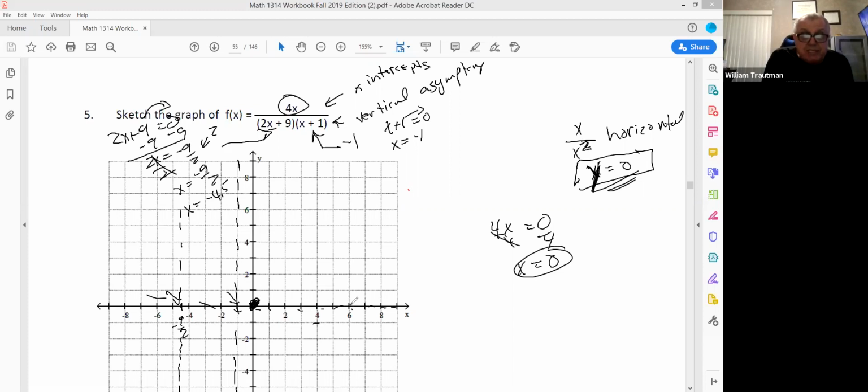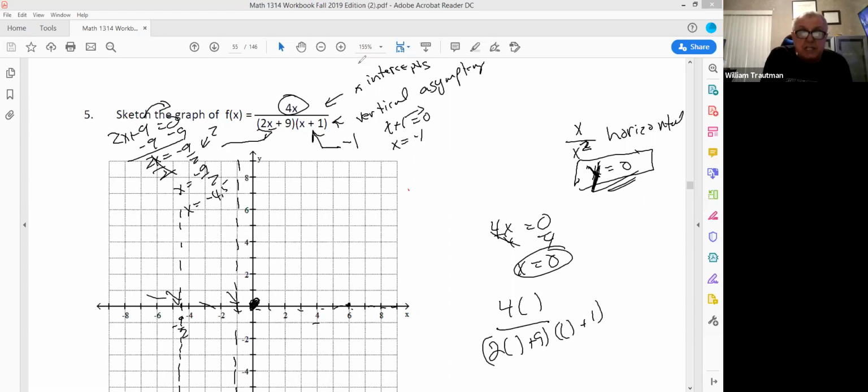Let's plug 6 into this equation: 4 times x, over 2 times x plus 9, times x plus 1. And everywhere there's an x, we're going to plug something in.